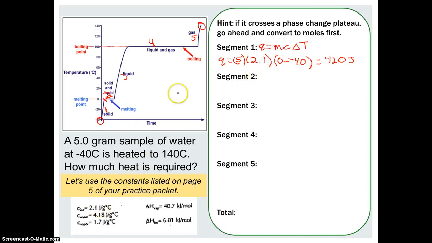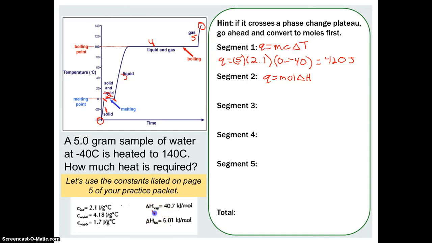Okay, now next step, segment 2. I'm going from solid to liquid and not changing temperature. This equation is Q equals mole times delta H. Notice I have 2 delta H's given to me here. I know it's hard to read on here, but your paper should be a little bit clearer.